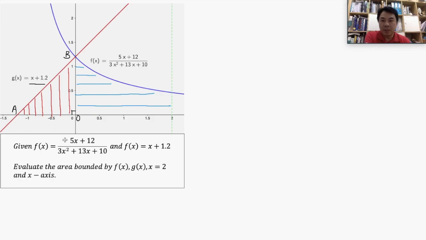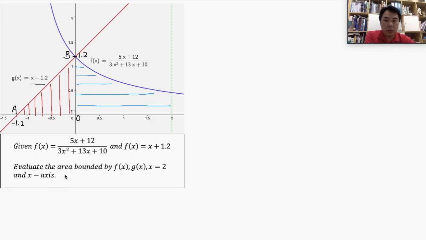From there, we can identify that the y-intercept is given as 1.2, whereas the x-intercept is given by negative 1.2. I hope that you guys are clear how to work out the x-intercept and the y-intercept here.